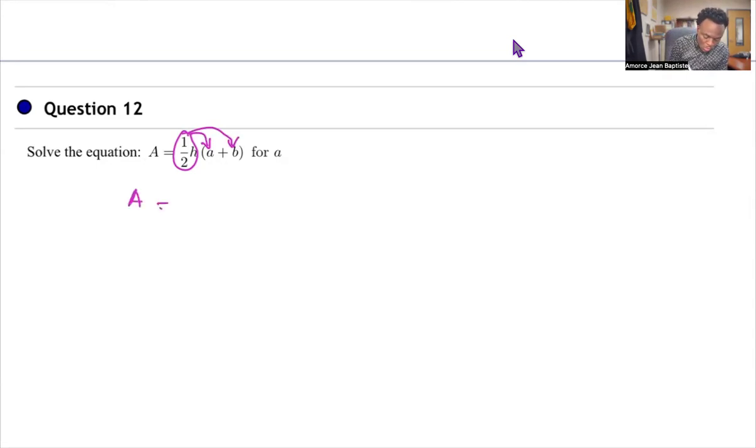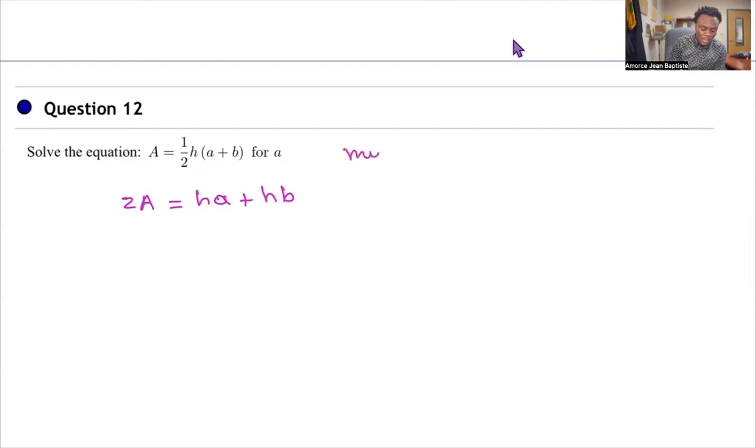So we're going to distribute to break the parentheses. So A equals 1/2 AH plus, oh, by the way, another way you can do that is you can multiply both sides by 2 to cancel the fraction. So 2A equals HA plus HB. We distribute 2. So we do two things.